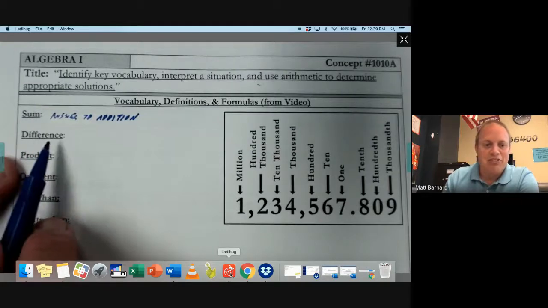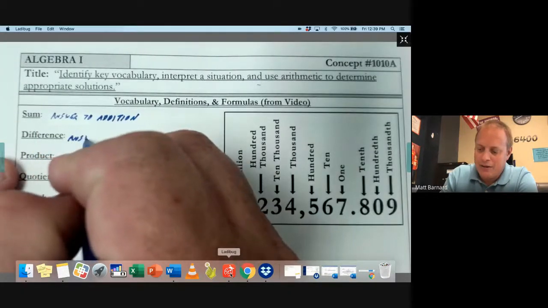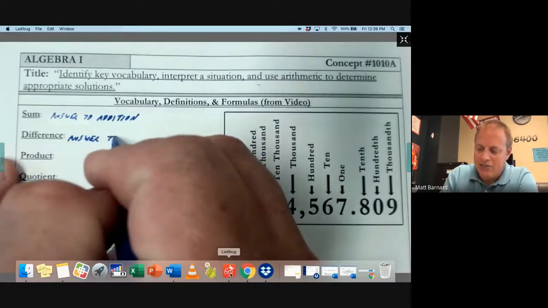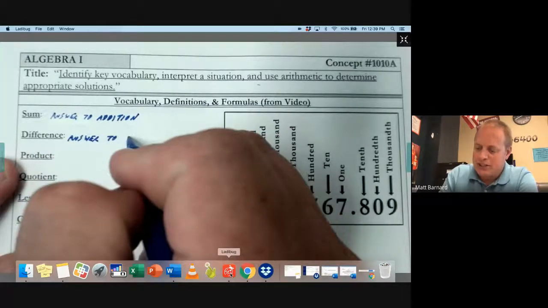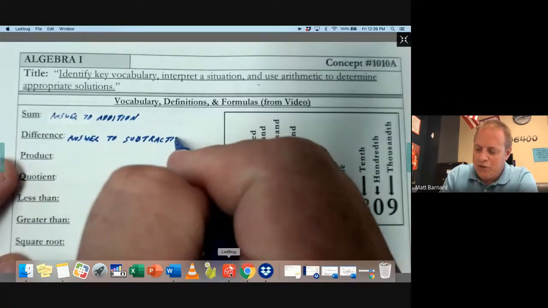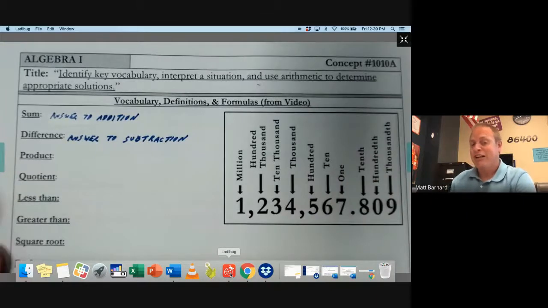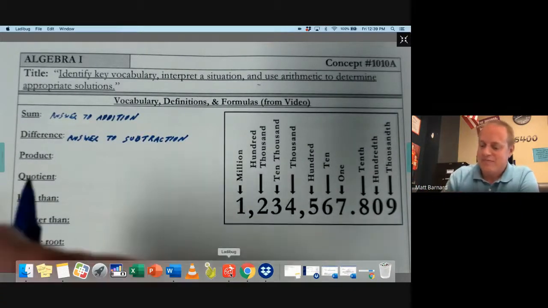The word difference, when we see the word difference, we're talking about the answer to subtraction. So from those first two words, if we know what sum is and know what difference is, we know what kind of arithmetic to do, and we can interpret a situation and get an answer.